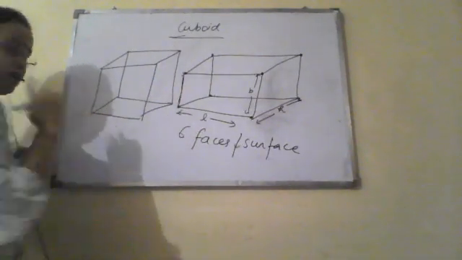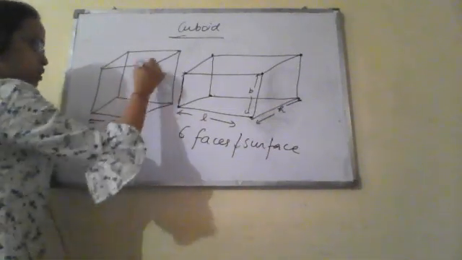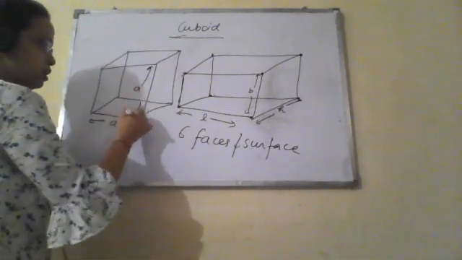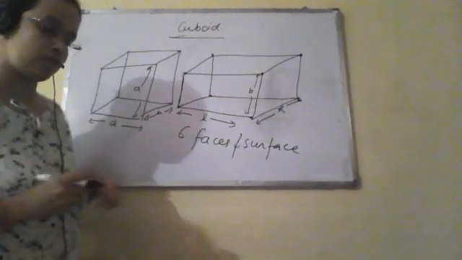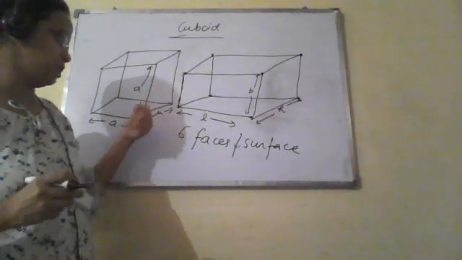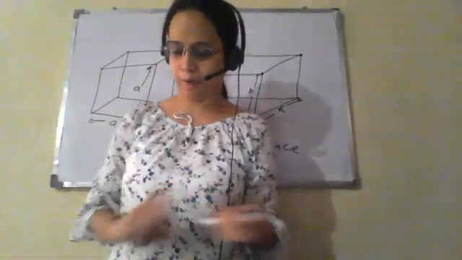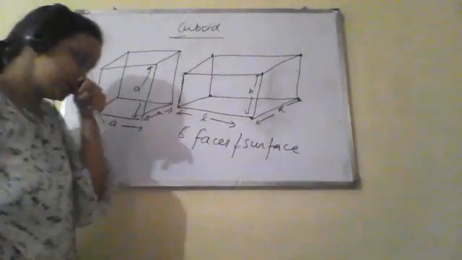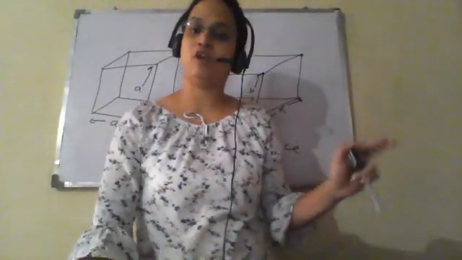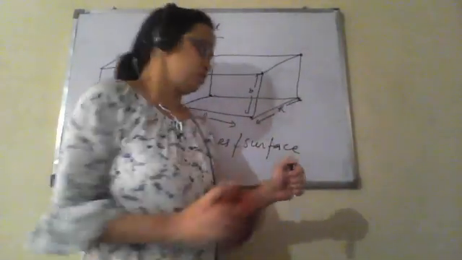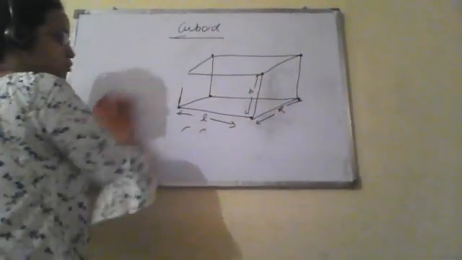Say if A is the side of the cube, then every dimension will be A, this will be A, this will be A, and this will also be A. Cube has all faces and all segments equal. So this is the basic difference between cube and cuboid. We will discuss surface area, curved surface area and volume both. Now we will check for cuboid.